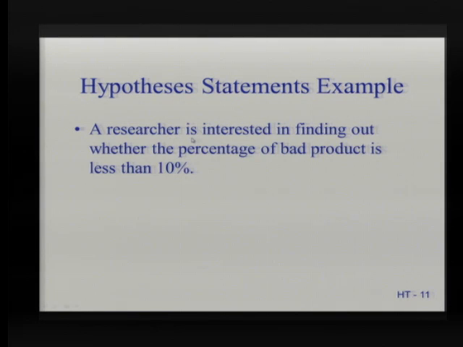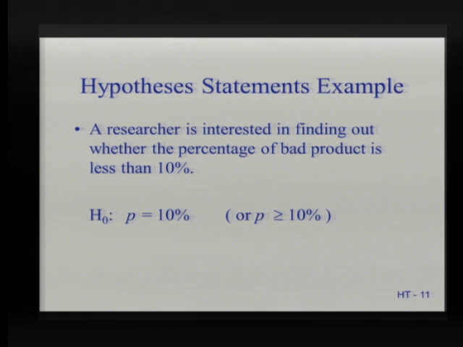A researcher is interested in finding out whether the percentage of bad products, right, from a manufacturer is less than 10% or not. Okay. In this case, null is 10%. The alternative reflecting this question is less than 10%. Okay, makes sense. And this would be a left-sided test, right?